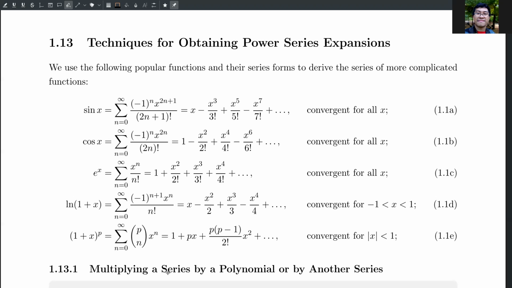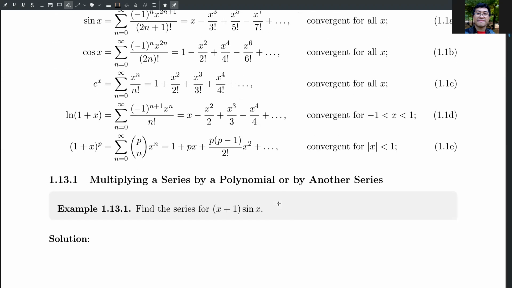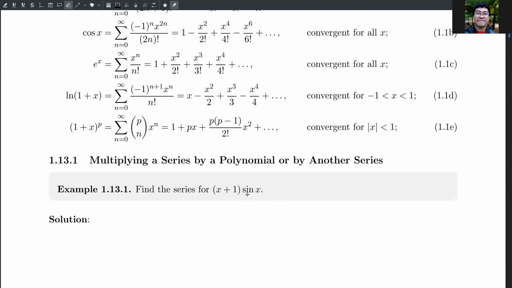We have multiplying a series by a polynomial or by another series. So for example, x plus 1 times sine of x. What we need is just the series of sine of x, and then we multiply each term by x plus 1.